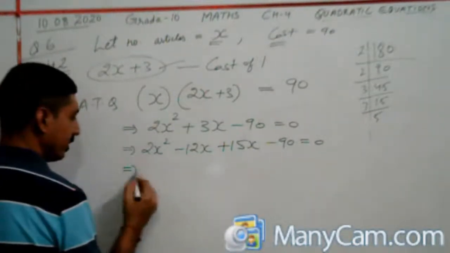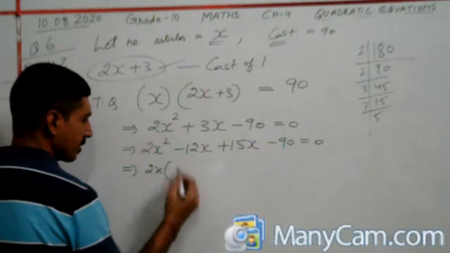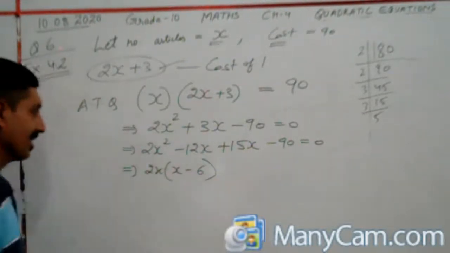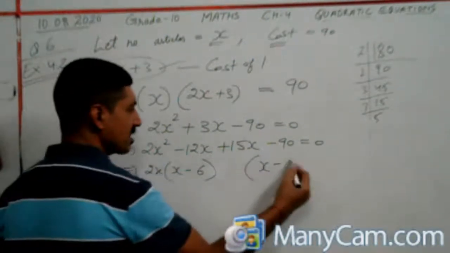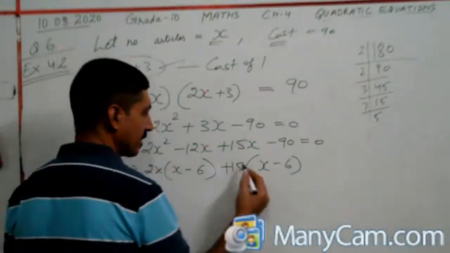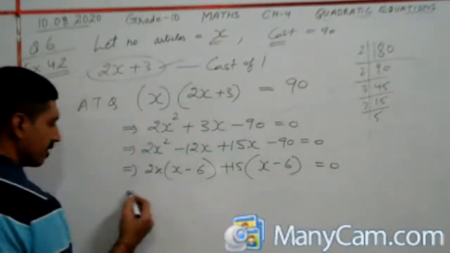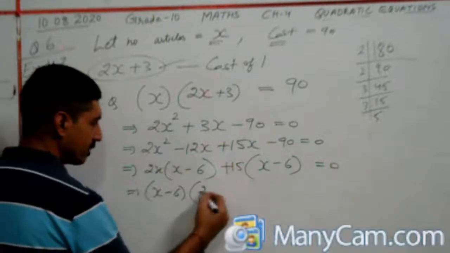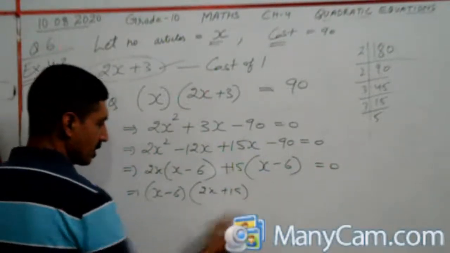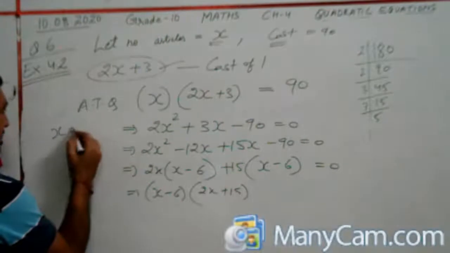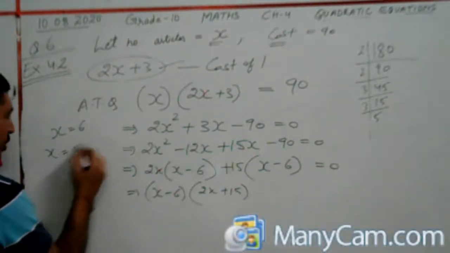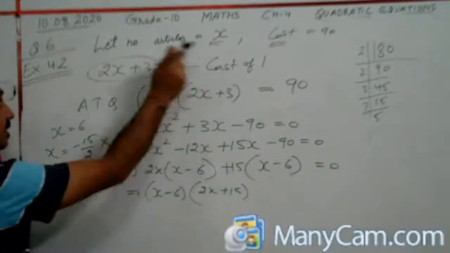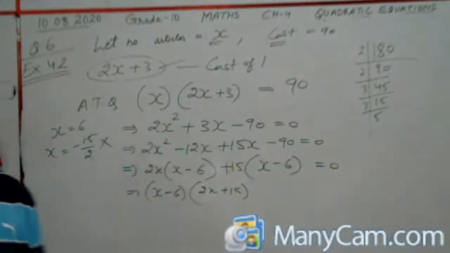We can write 2x into (x minus 6), and here x minus 6, but here plus 15. So we have either x minus 6, or 2x plus 15. So the value of x is either 6 or minus 15 by 2. The number of articles cannot be negative.